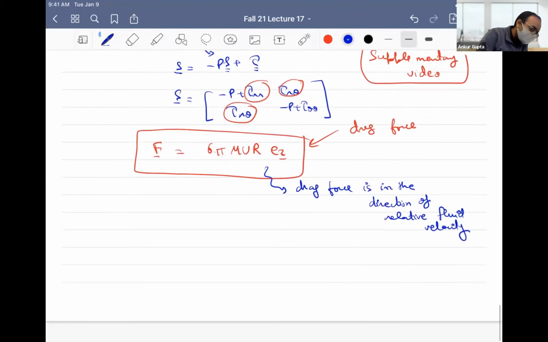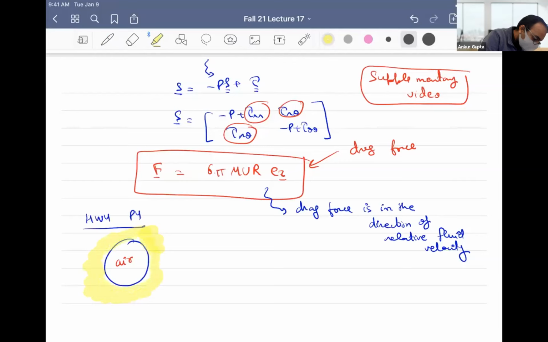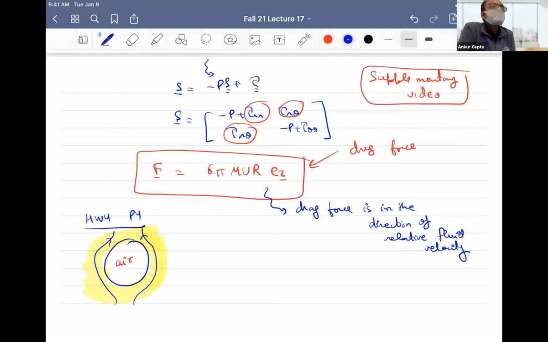In your homework problem 4, you will be calculating this on a bubble. You will have air and then you will have fluid around it. So can anyone tell me what will be the difference here? Same problem, exactly the same. So what will change in the entire process?